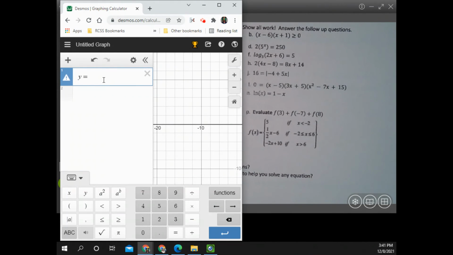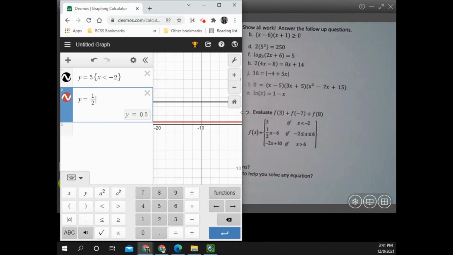So y equals 5, and then you put your little squiggly. It's right above your apostrophes, okay? X is less than negative 2, all right? So notice I typed pretty much that first line without the if. And then y equals 1/2 x minus 6, squiggly, negative 2, less than or equal to.